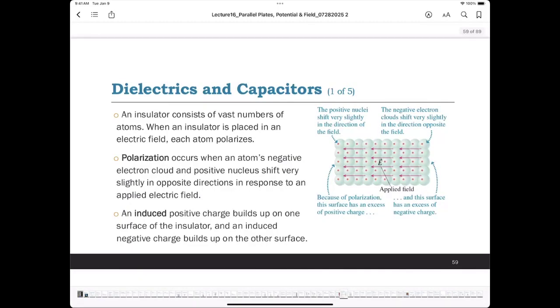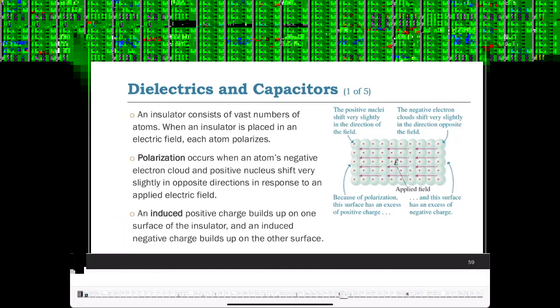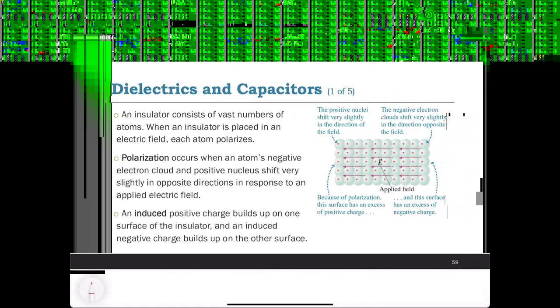Polarization occurs when an atom's negative electron cloud and positive nucleons shift very slightly in opposite directions in response to an applied electric field. An induced positive charge builds up on one surface of the isolator, and an induced negative charge builds up on the other surface.